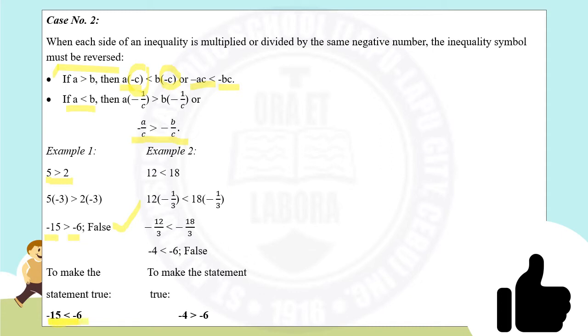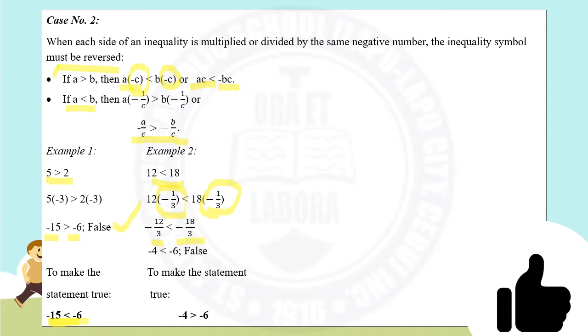That's the correct answer. Example 2. 12 less than 18. We multiply negative 1/3 to the left side. Then we will also multiply negative 1/3 to the right side. So negative 1/3 times 12, that is negative 12 over 3. Negative 1/3 times 18, that is negative 18 over 3.